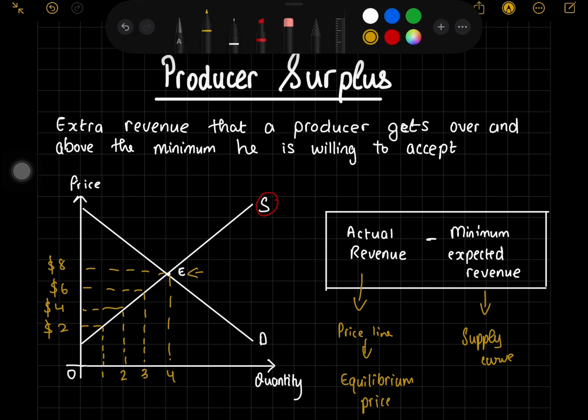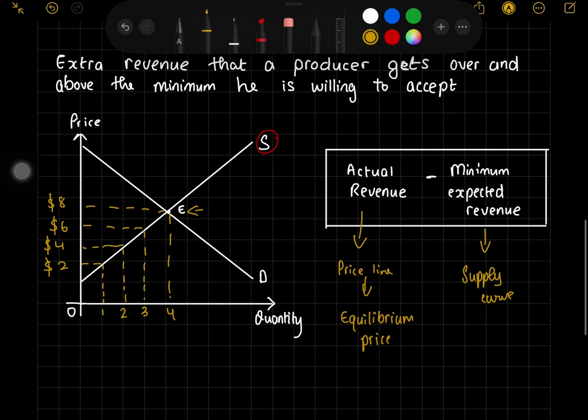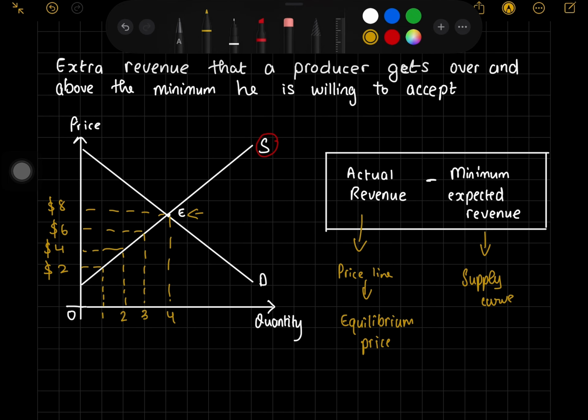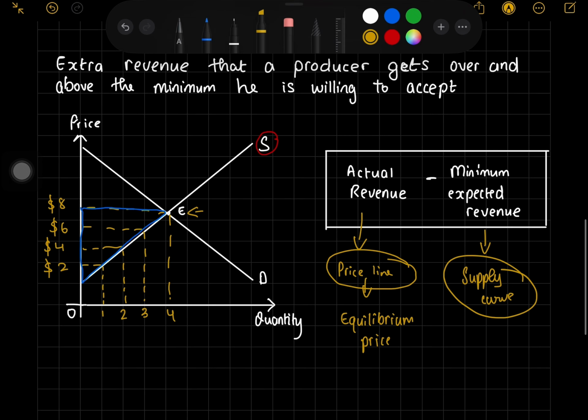So our producer surplus is the area situated below the price line and above the supply curve, giving us an area of this much. So it's like a triangle, just like what we obtained for our consumer surplus.